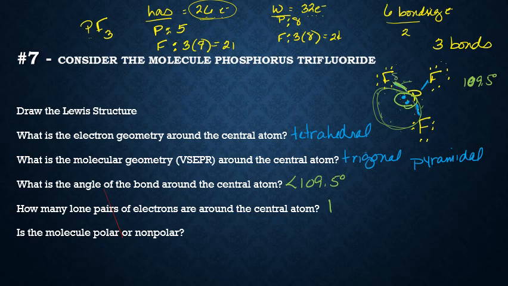We have a partial negative here and a partial positive here, and that gets repeated. And here, all this area is negative. So overall, there's not one side of this molecule that is more polar than the other. So I'm going to go with non-polar on this one.